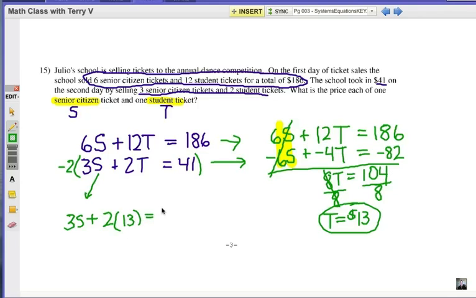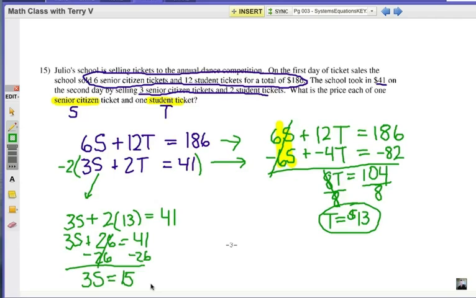And then I'm going to have 41 as my total amount of sales. So 3S plus 26 equals 41. Subtract 26 from each side. And eventually I'm going to get that the senior citizen ticket is $5. So there are our 2 answers, and we have solved that system of equations.